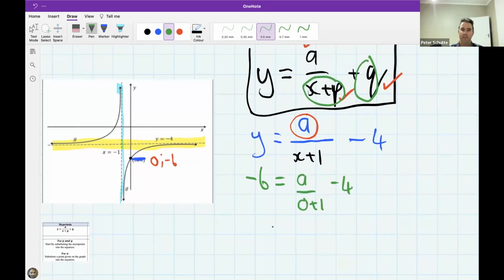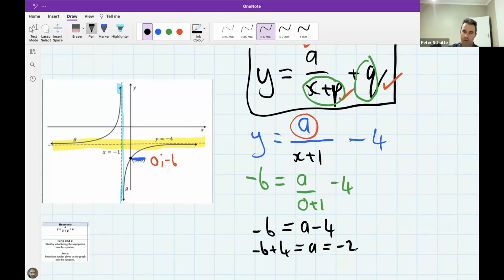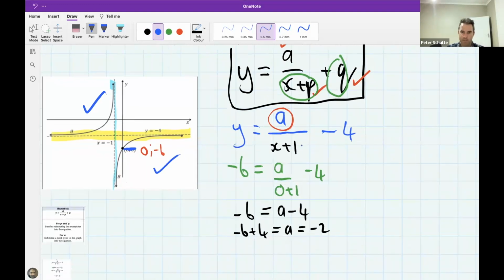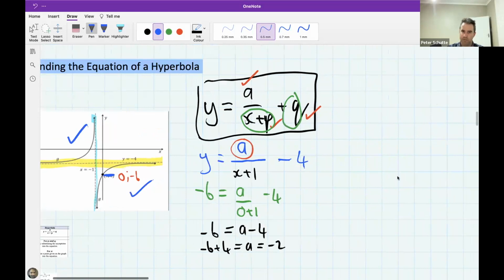What do we think the A value is? I suppose we have to clean this up a little bit. And that becomes +4. A is -2. Oh, and that makes sense because look at what quadrants, I'm in quadrants 2 and 4. So I'm glad that A is negative because if it wasn't, I'd be a bit confused.